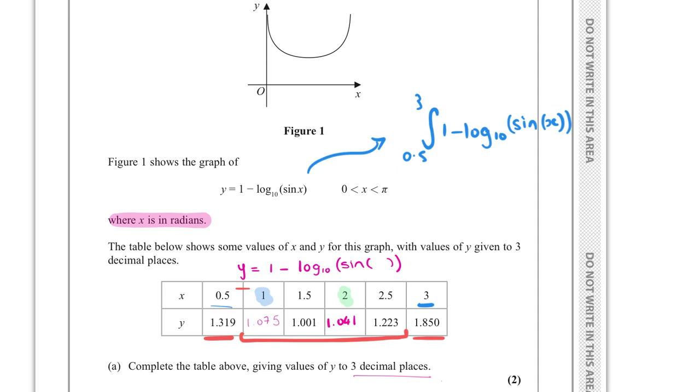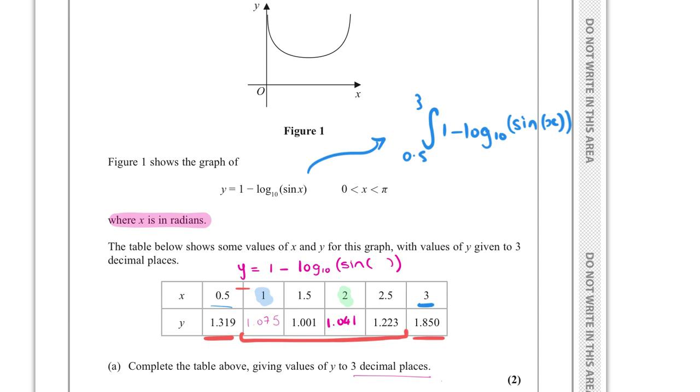So log to the base 10, brackets, sine of x. Where's my x? Oh my god, I've lost it. Alpha x, and then another bracket. Press equals. Okay, I don't know, my calculator's just gone blank.